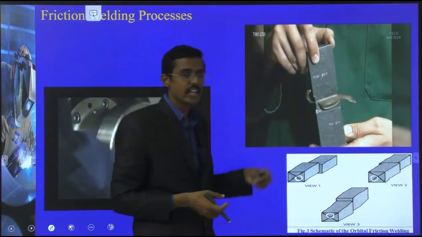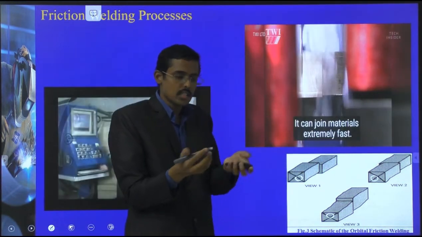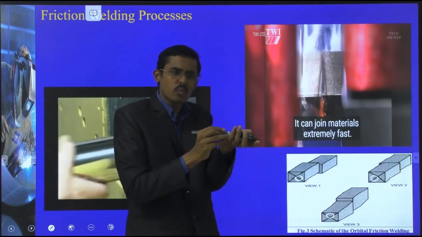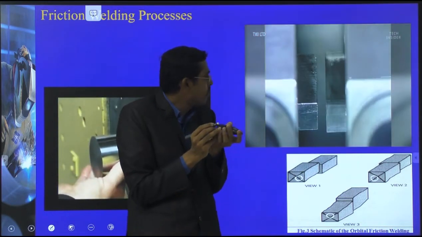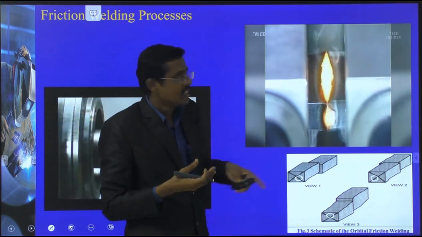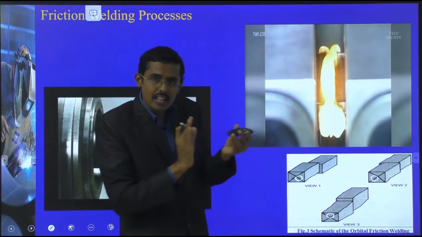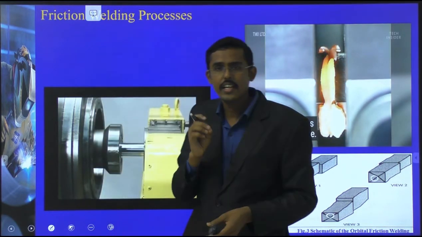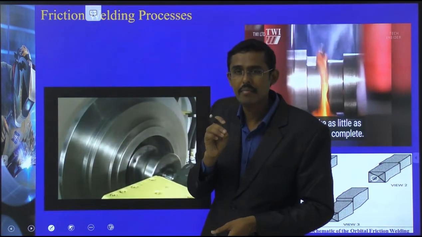See how they have done it here. We have taken the square joints, kept them, and they applied ultrasonic vibrations. Due to the vibration also, we are able to generate heat, and then we apply the pressure. Heating time, heating pressure, upsetting time, upsetting pressure.